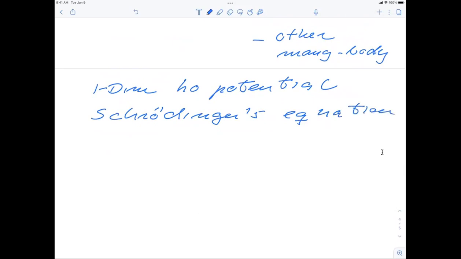plug that in, what we're going to have now is an equation where we have minus h bar squared. There is a kinetic energy operator, and that's given by the second derivative of the wave function. And now I'm simply going to set in an expression for the wave function which does not depend on this trial wave function, because here we know the exact answer.